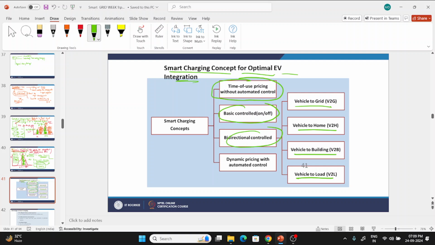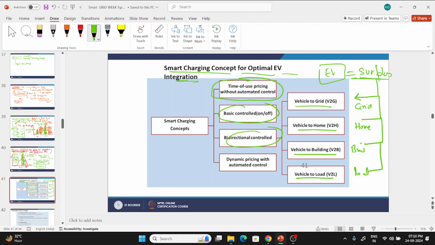For example, in the evening you have your EV at home, and you have excess energy over there. So what you can do here is transfer that energy to the grid, also to your home if you have any requirement, also to your buildings, also to the load. That is the same thing actually.